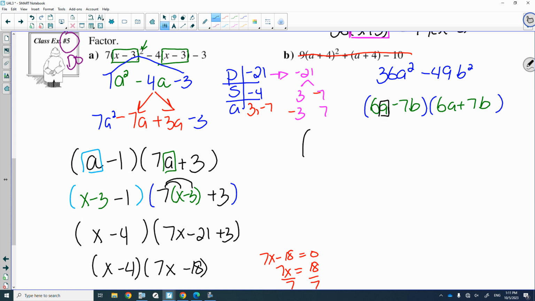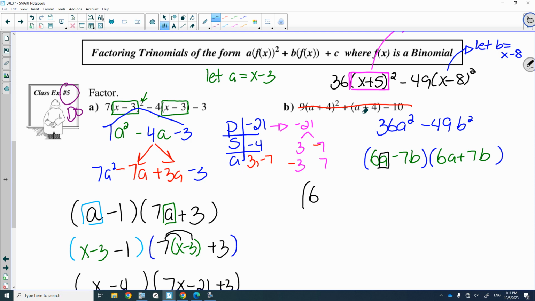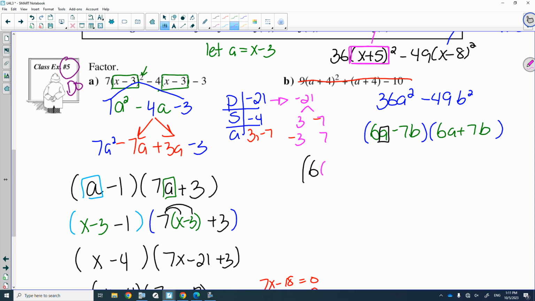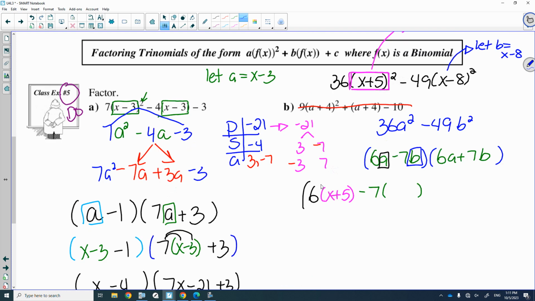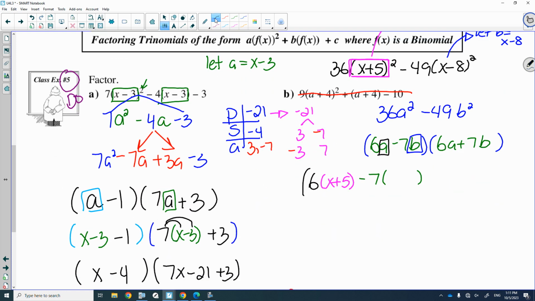So a comes out, so I've got a 6, and I've got to put in x plus 5. This would be a standard of excellence question, and I will put one on your quiz, like this. B comes out, B has to go back in, x minus 8. Okay, so there's that first bracket.